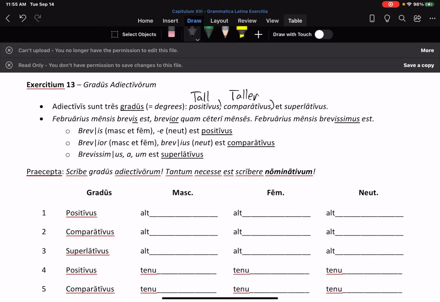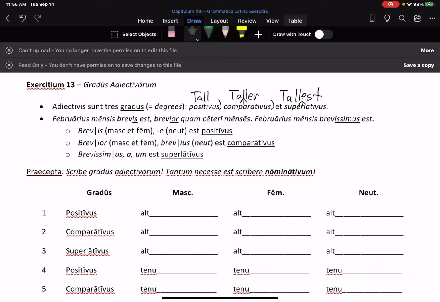And for the superlative, I'd say Goliath is tall, and he's even taller than Grant Holbrook, but the tallest man on earth is the Incredible Hulk, or something. I don't know actually who the tallest would be, but tallest. So that is the superlative form.